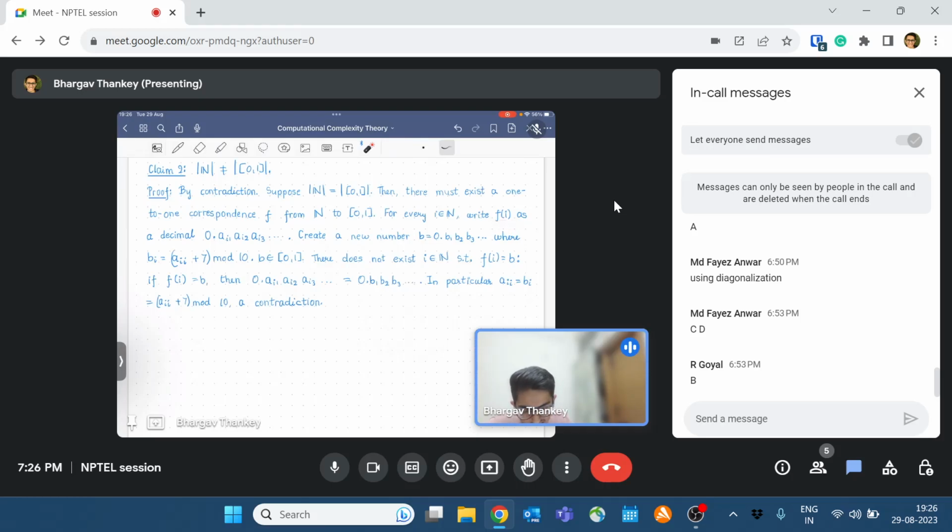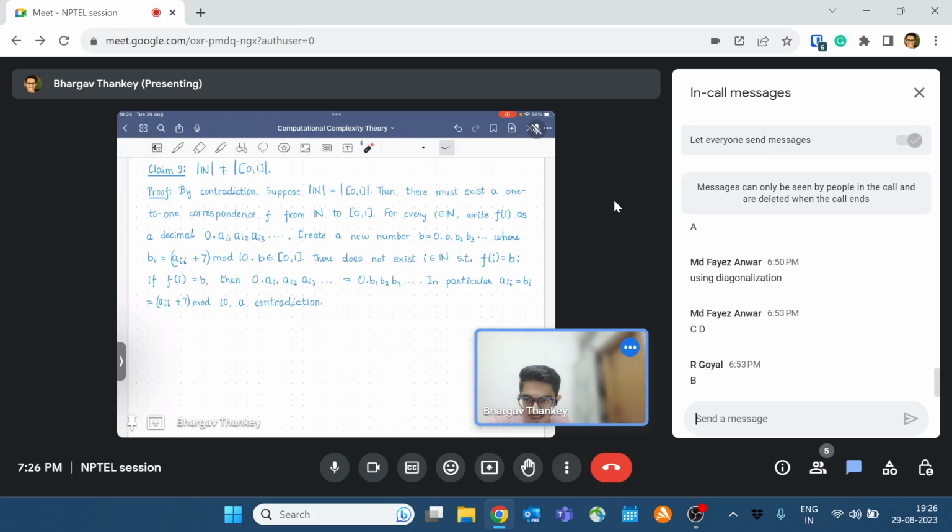I wrote f(i) as 0.A_i1 A_i2 A_i3 and so on. So A_ii is the ith digit after the decimal point in f(i). And why are we adding 7 to it? We don't want B_i to be equal to A_ii. The reason for that will be clear over here.